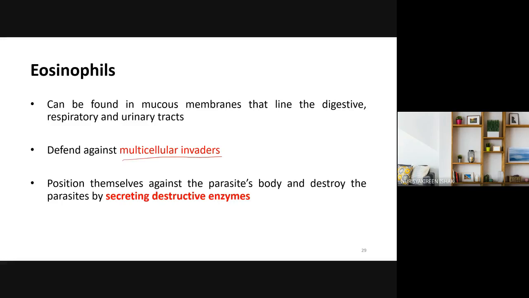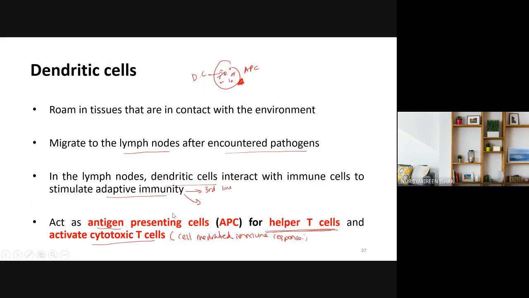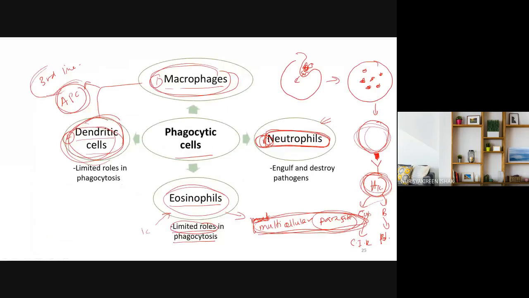It positions itself against the parasite body and destroys the parasite by secreting destructive enzymes. So that's why earlier we saw written here that eosinophil has limited roles in phagocytosis. It can engulf pathogens but it will also secrete destructive enzymes that will kill multicellular parasites.